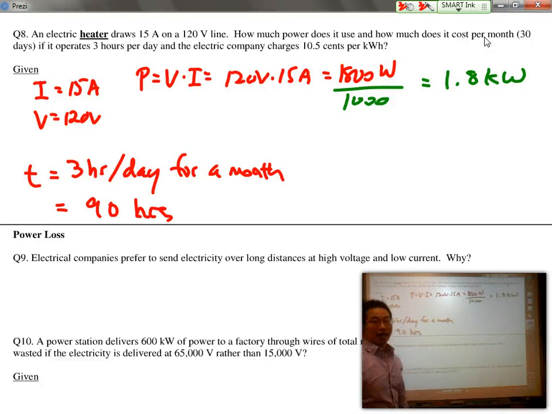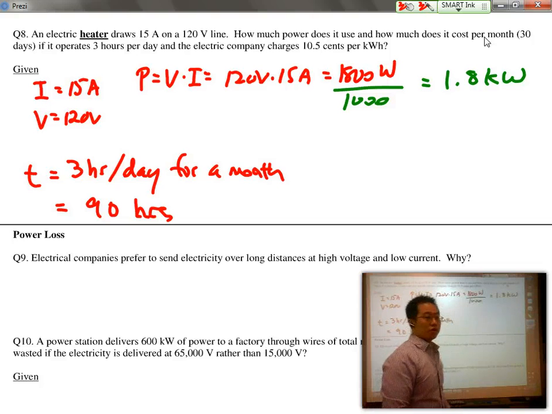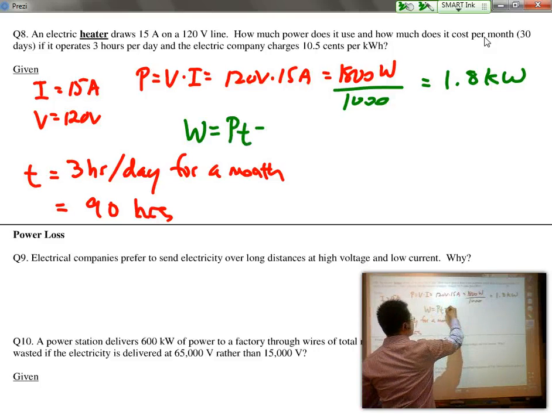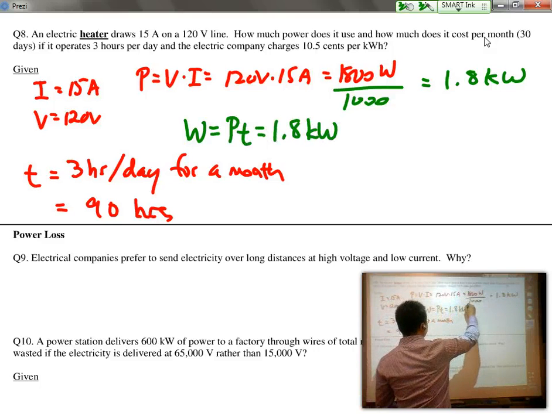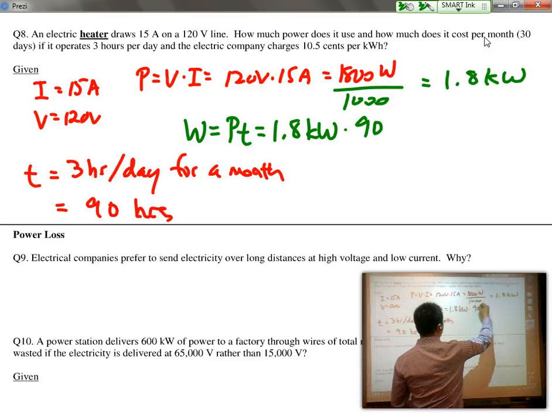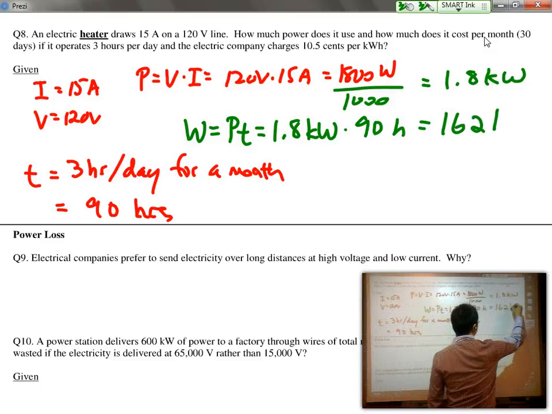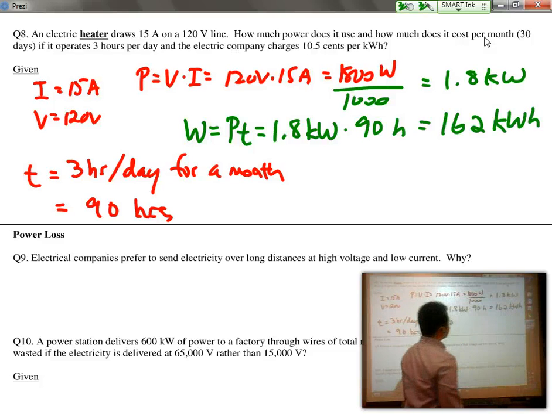Now that's the unit I actually want to use already. So to solve for the amount of work that's done, work is equal to power times time, equals 1.8 kilowatts times 90 hours. So the total energy being used is equal to 162 kilowatt hours.